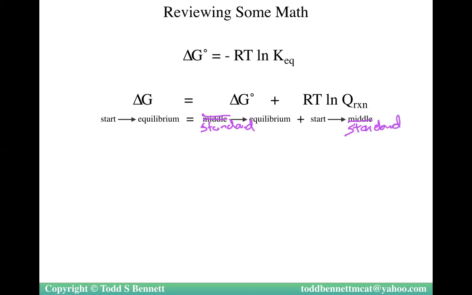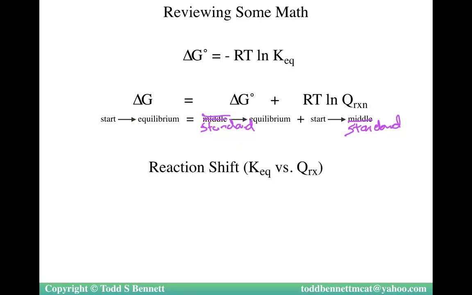But keep in mind, if we start at equilibrium, then the change would equal 0. So standard to equilibrium plus equilibrium to standard would cancel. So it works out, whatever you want to call it. Hopefully it seems reasonable to you.